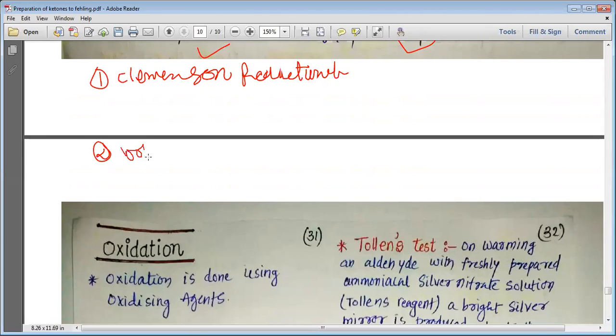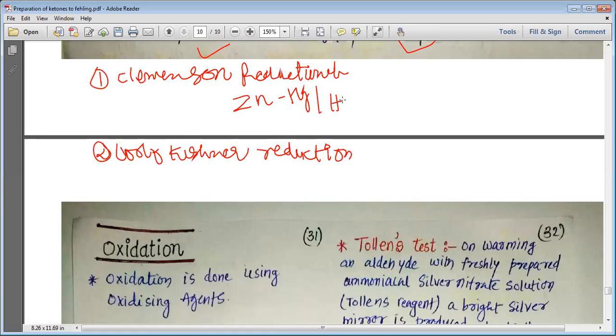Zinc amalgam. You are right. Zinc amalgam. See, for Clemmensen reduction, we use ZnHg, that is zinc amalgam, in the presence of HCl.